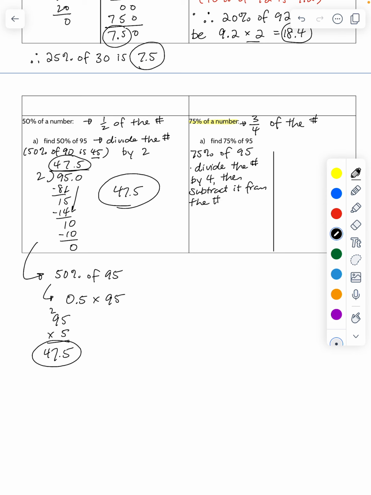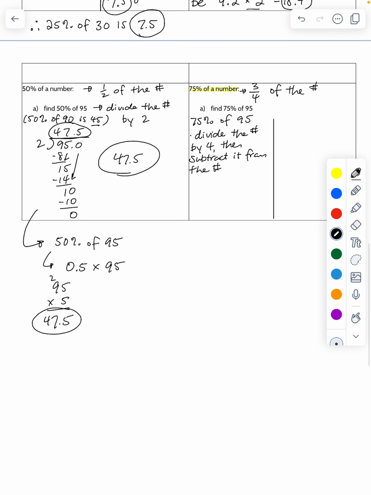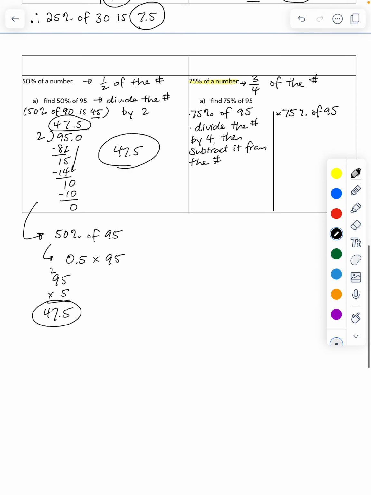Another thing that you could do is divide the number by 4 and then multiply it by 3, because then you're taking 3/4 of the number. The other way to do it is to simply convert to a decimal and multiply. In either case, this one will just give you one calculation. This one gives you 2 calculations, but again, it promotes the deeper meaning behind percent. So let's do this one first.